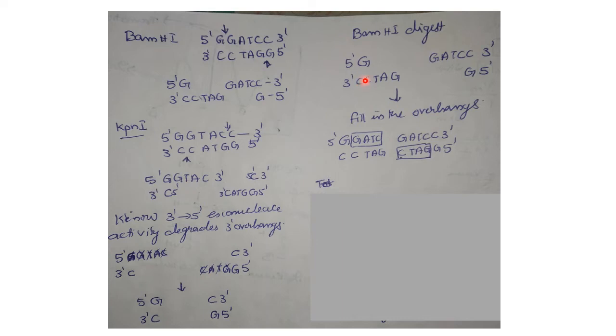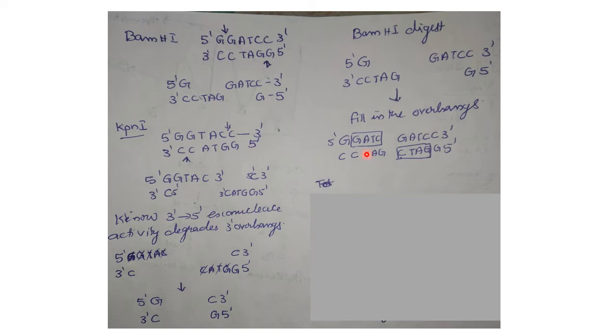So this portion will be used as the template to fill the sequence over here. Similarly, this portion will be used as template to fill the sequence over here. So it will fill in the overhangs. See, G, G, A, T, C, C, T, A, G. So it has filled and resulted in blunt ends. Here you have one blunt end and here also you have one blunt end.